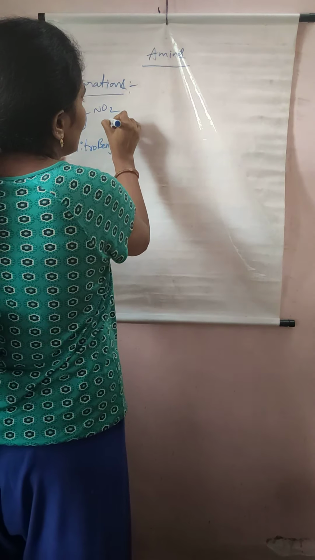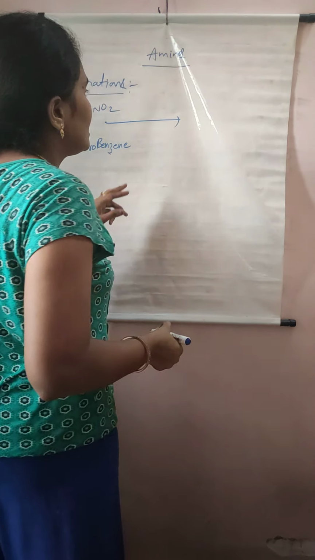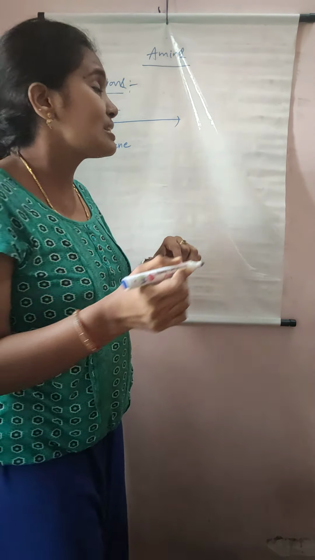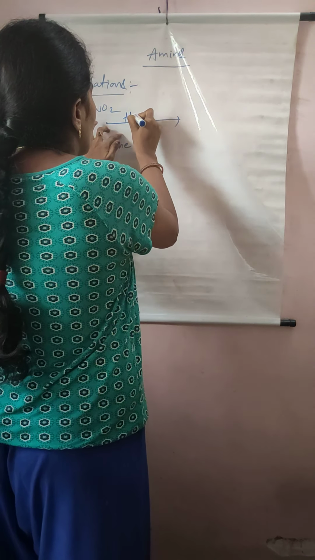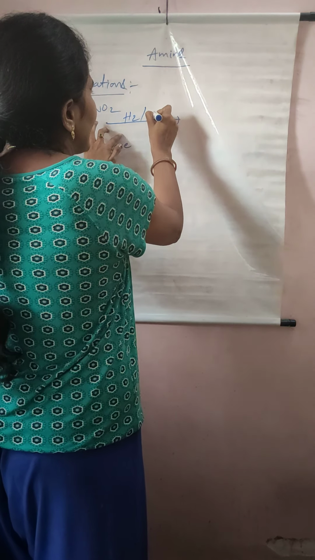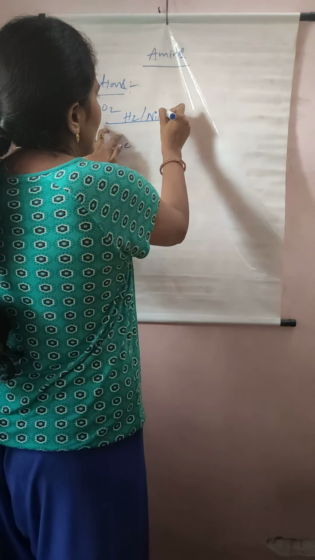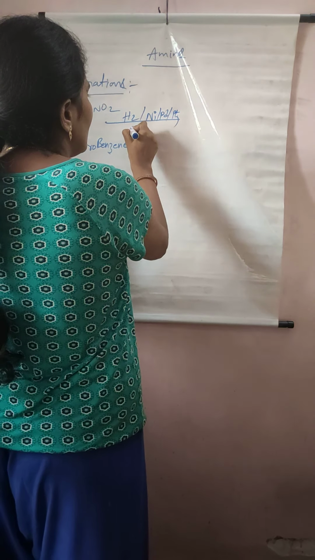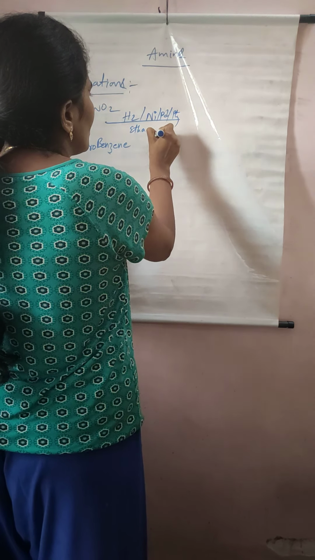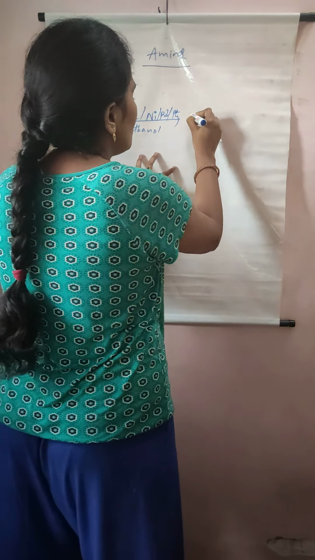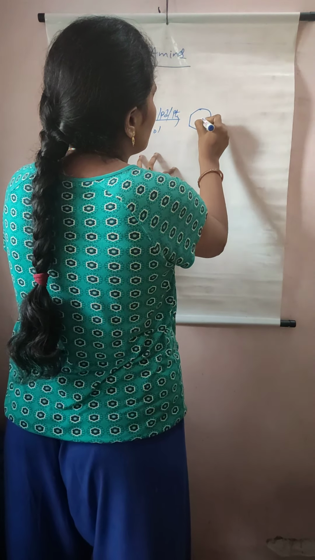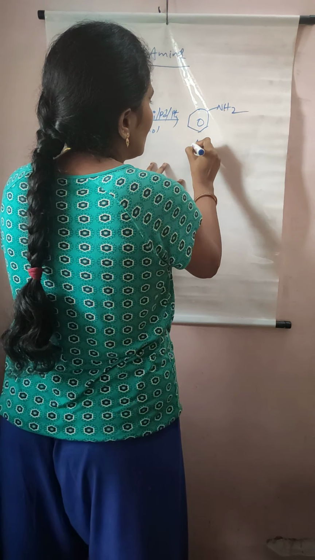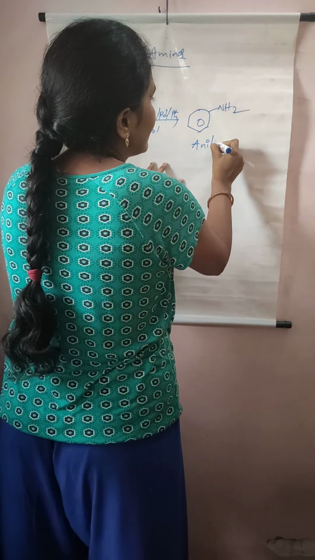Nitrobenzene is treated with hydrogen gas, with nickel or palladium or platinum in the presence of ethanol. The nitro group becomes the amine group, NH2. This is called aniline.